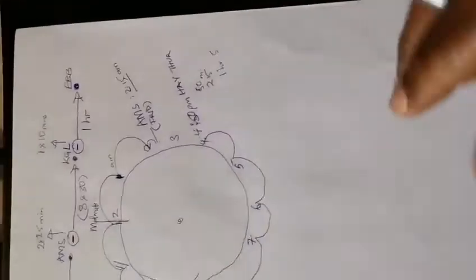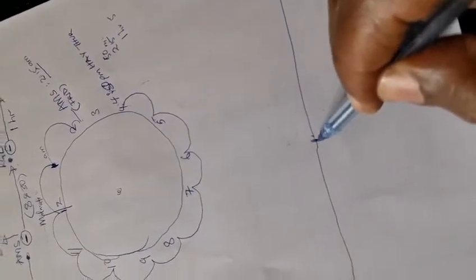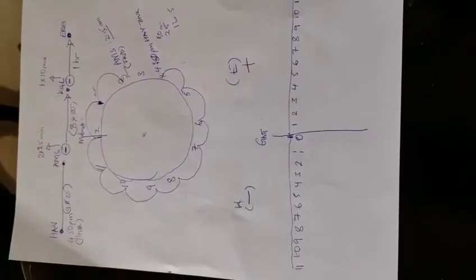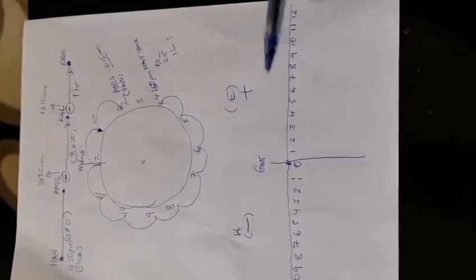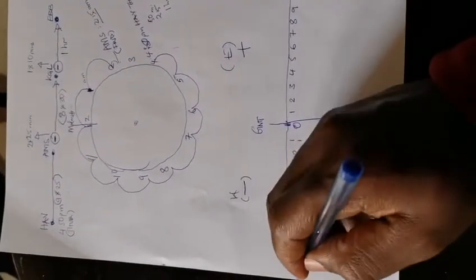So now you can simply draw a grid, okay? Just for clarity, for you to understand. I'm going to draw for you a grid. Then we can mark. We mark 12 hours and 12 hours this side as well.